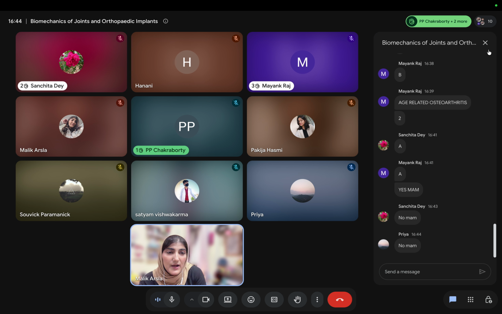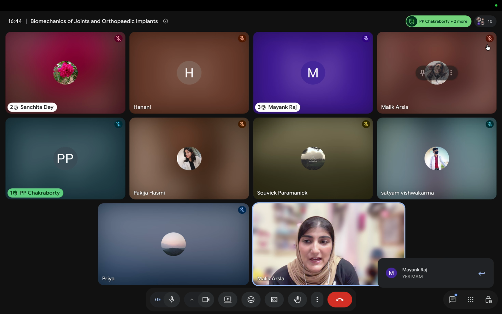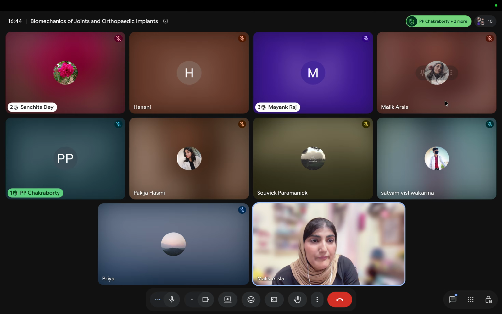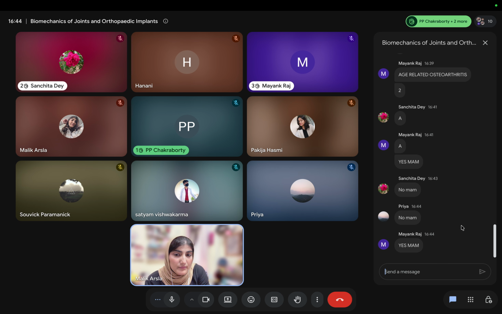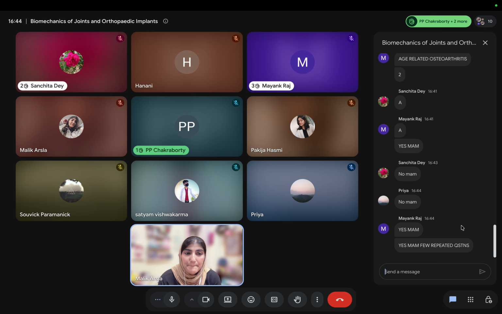So is the new assignment somewhat related to the older assignment? Is there some kind of similarity or not? Okay, you can put it in the chat box. Okay, few questions are repeated.